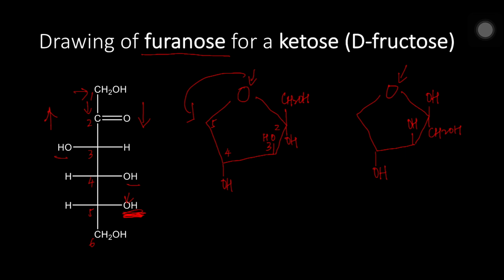We are done with carbon number 5, and now we move to carbon number 6. This CH2OH group is attached to carbon number 5. This is the alpha anomer, and this is the beta anomer.